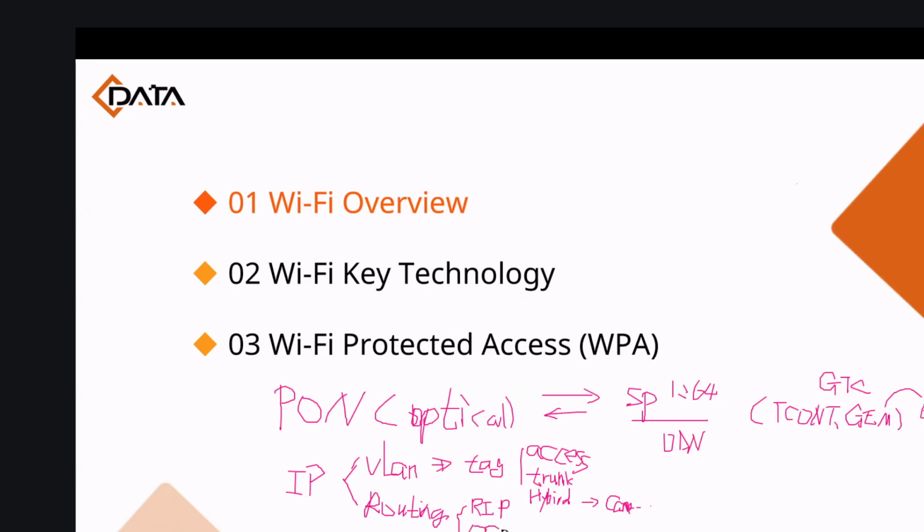And the OSPF, the dynamic protocol, is a little complex, but it's popular. The protocol itself is complex, but after we finish the configuration, it's more helpful and easier for us to maintain.